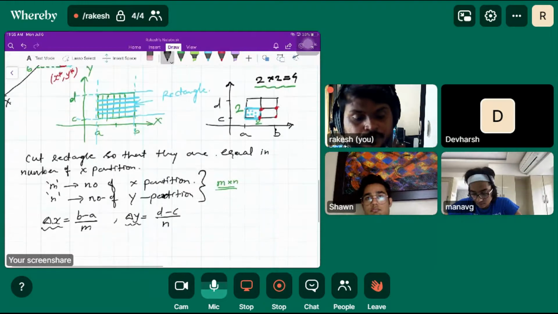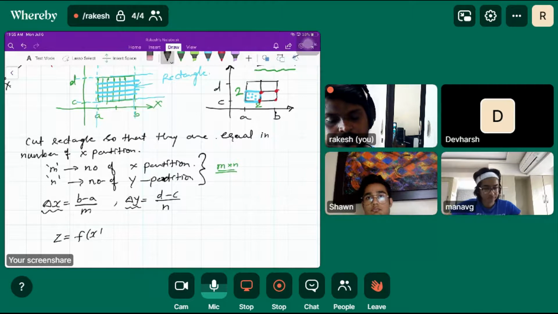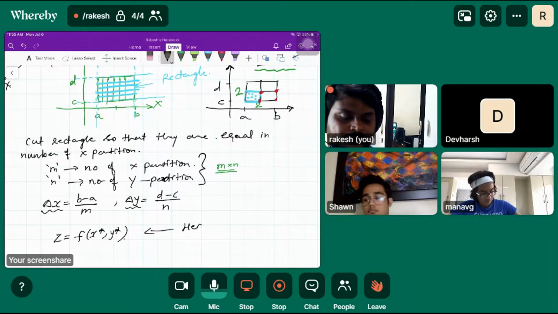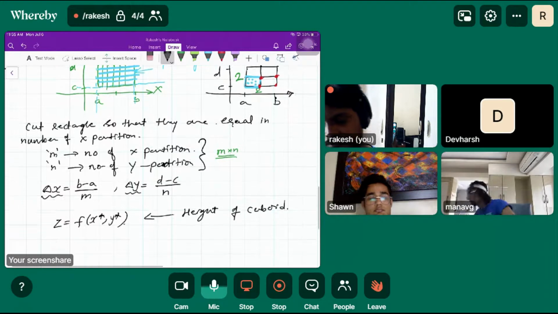It should be plugged into the function, and that will give you the height of the cuboid.